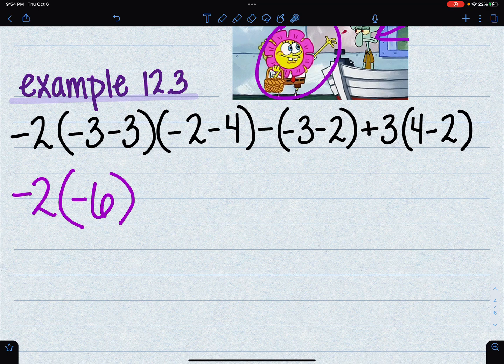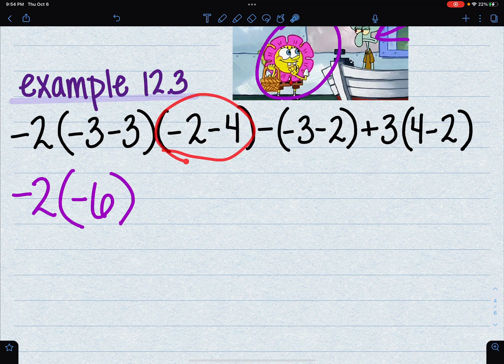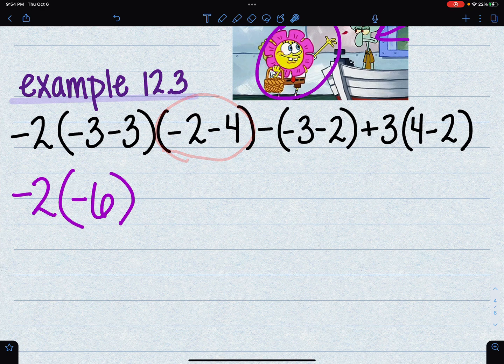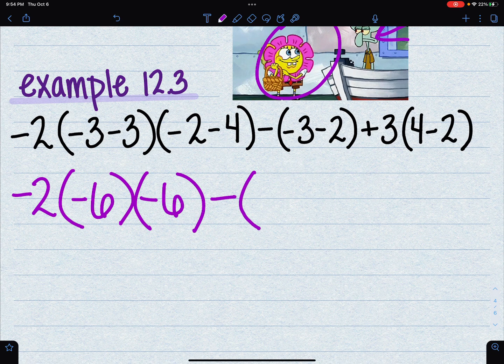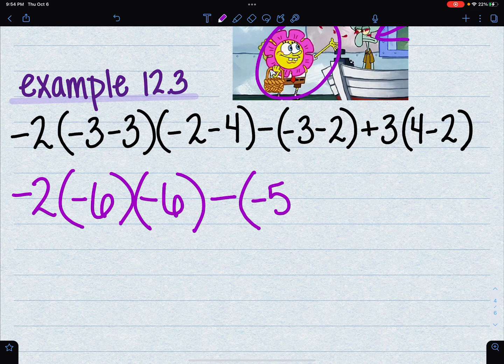And then I'm going to simplify this. -2 plus a -4 is -6 again, okay? Then I'm just bringing down this subtraction sign, and then I'm going to simplify what's in there. -3 minus 2. So -3 plus a -2 is -5. See how it's easier to think about it in terms of addition?